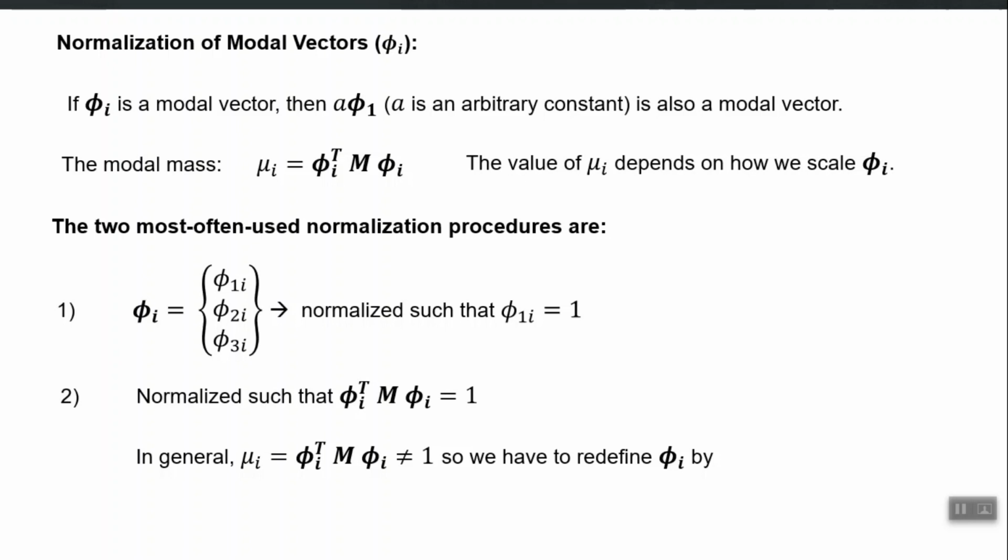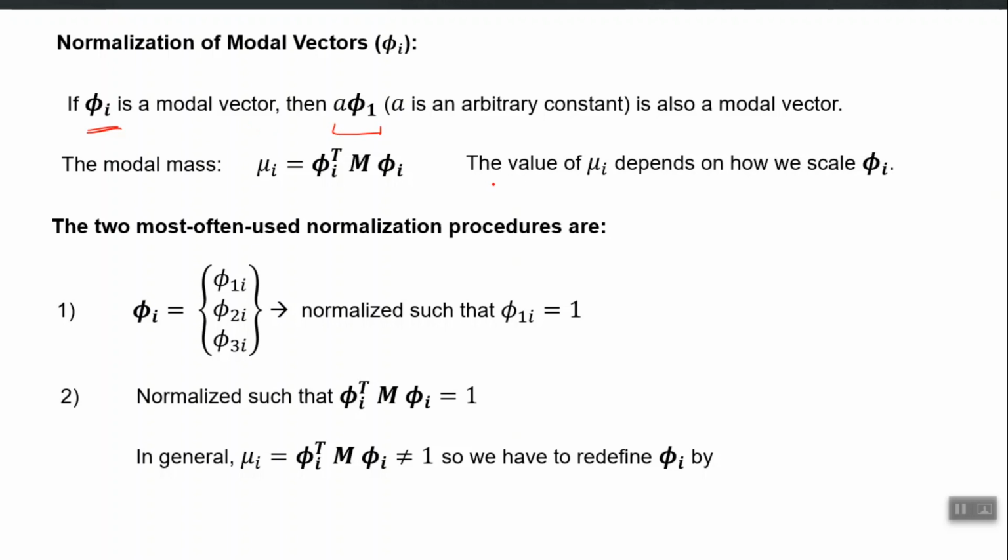That concept is related to how we normalize modal vectors, small phi i vectors. We know that if phi i is a modal vector, then some a times phi i is also a modal vector, because the shape is what defines the mode shape.